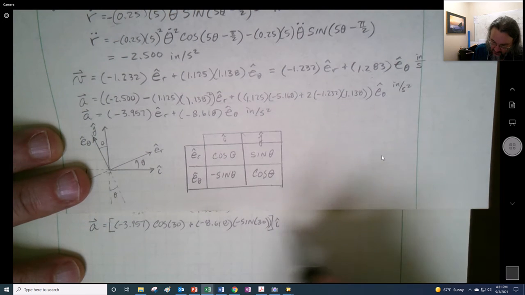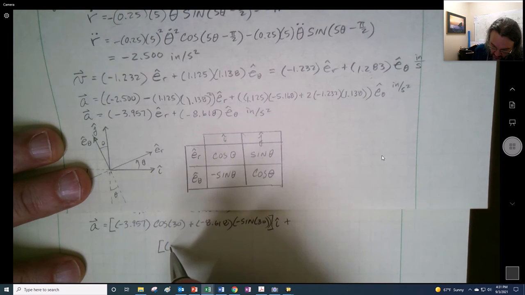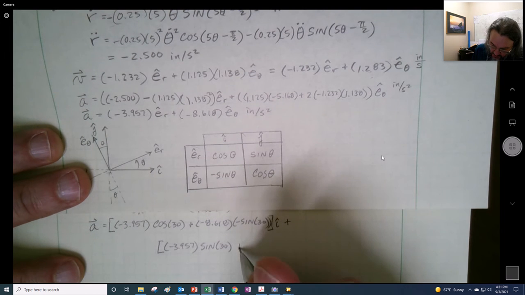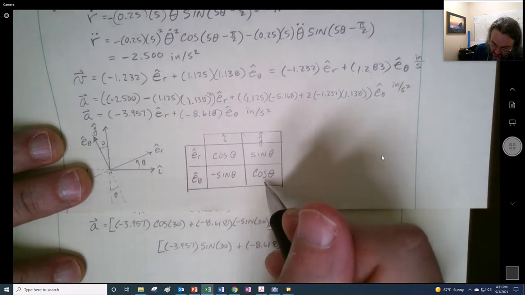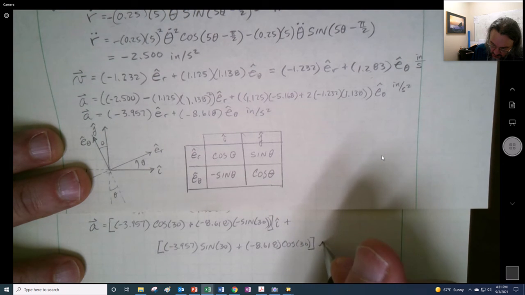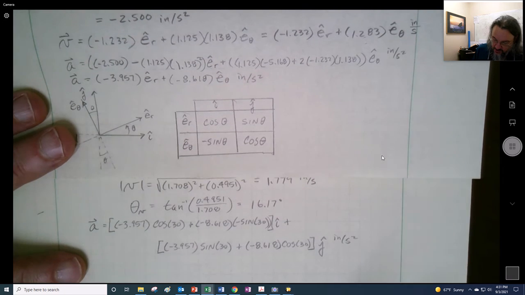There's not enough room here, so I'm going to go down over here and then go negative 3.957 times the sine of 30 degrees plus negative 8.618 times the cosine of 30 degrees, J. And these are inches per second squared.